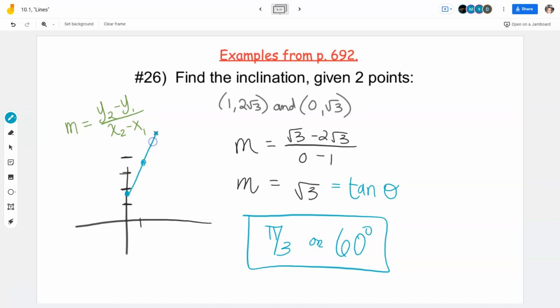Question, is it a positively sloped line? Yes. Where's my inclination? Your inclination would be wherever the horizontal is from that, measuring that horizontal, that's where I would get that 60 degrees. If it's not centered at 0, 0, I'm not actually measuring from the positive x-axis. I'm measuring on the line from due east, and that is my inclination.